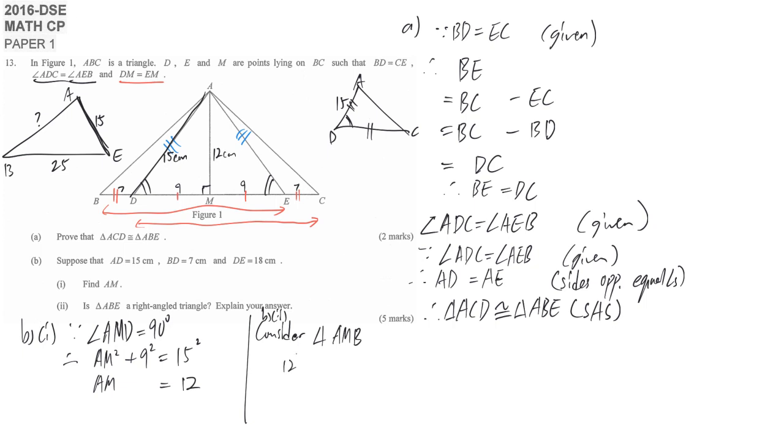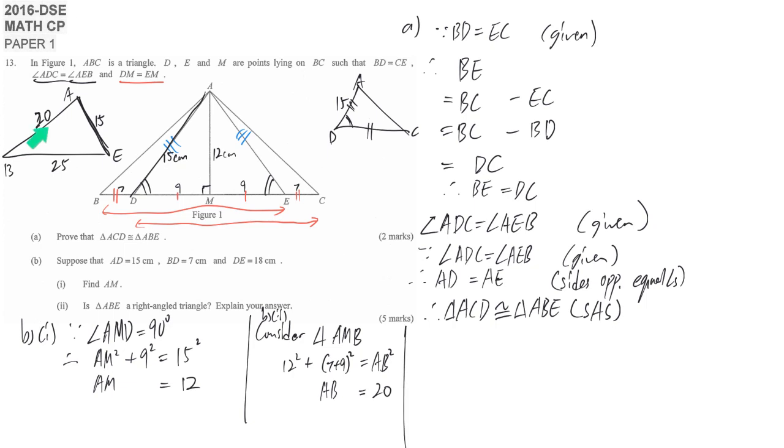We know that 12 squared plus (7 plus 9) squared is equal to AB squared. Our common ratio is again 3 to 4 to 5, so this is 20, just times 4. We find out that our target is 20.